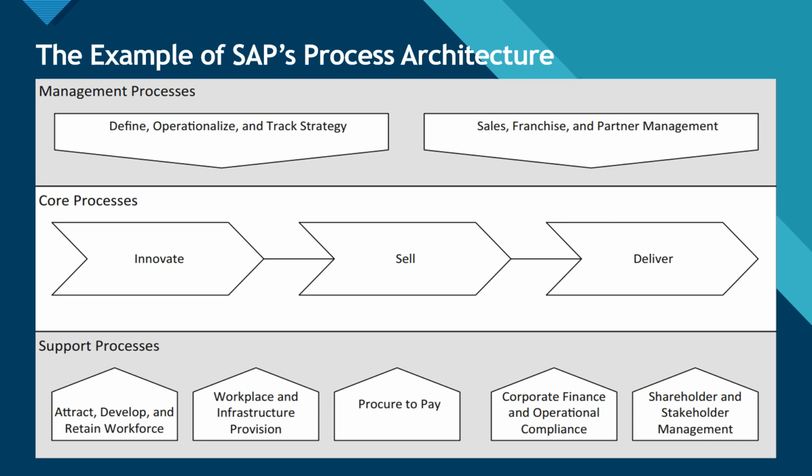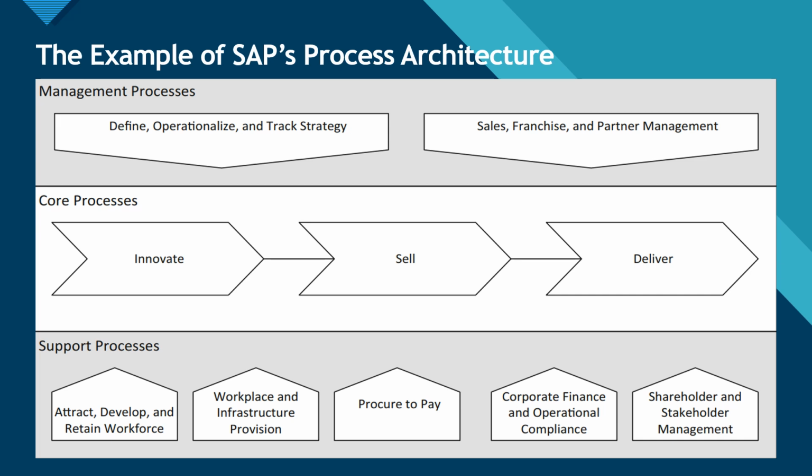So an excellent example of process architecture and identification can be seen in SAP's process architecture. You know that SAP is a leading enterprise software provider, and has developed a comprehensive framework for organizing and categorizing processes.